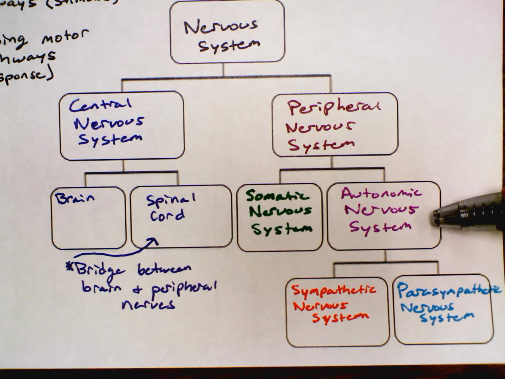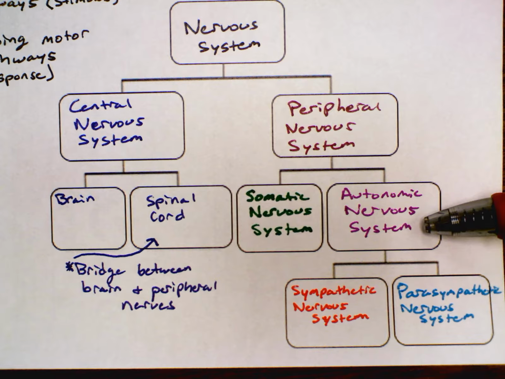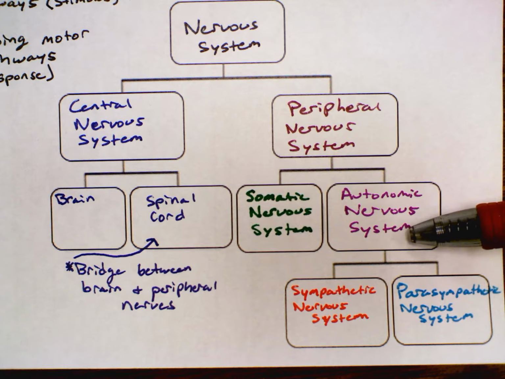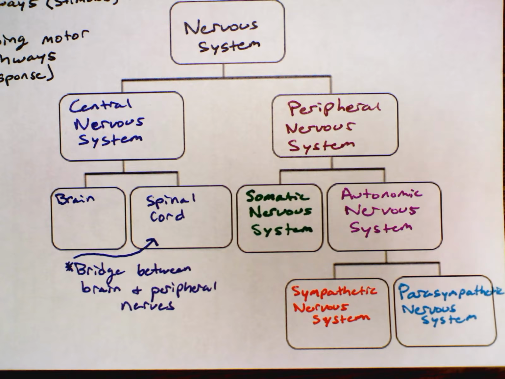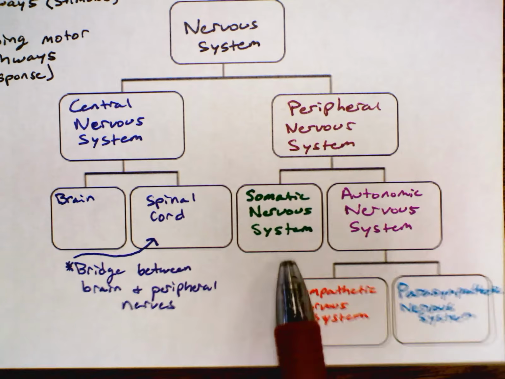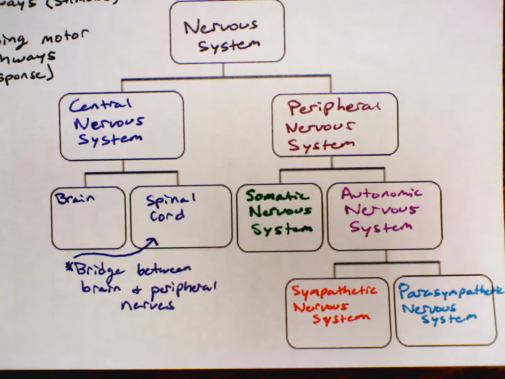And the smooth muscle in your blood vessels is opening and closing, adjusting blood pressure. There's all sorts of things happening right in the background that are not things that you're consciously thinking about controlling right now. Those are all part of your autonomic nervous system. So what we're going to do next is break down the difference between the somatic and autonomic. So don't worry about sympathetic or parasympathetic yet.